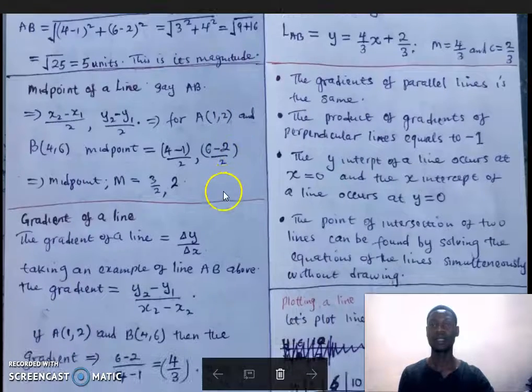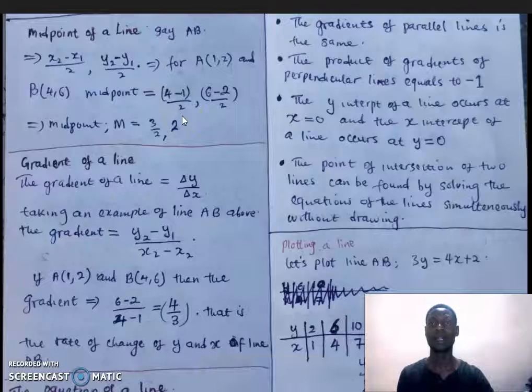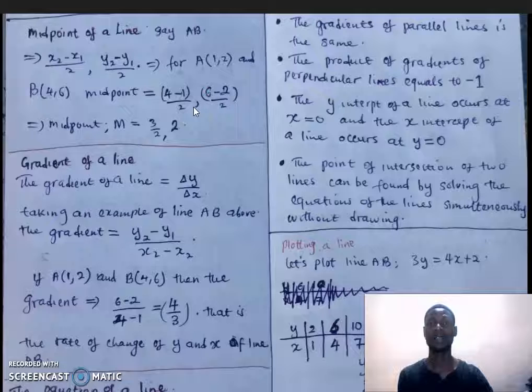Let us go ahead and discuss the midpoint of a line. Say, our typical example, AB. The midpoint of line segment AB will be equal to, we take the sum of the starting and the ending points, then divide by 2.